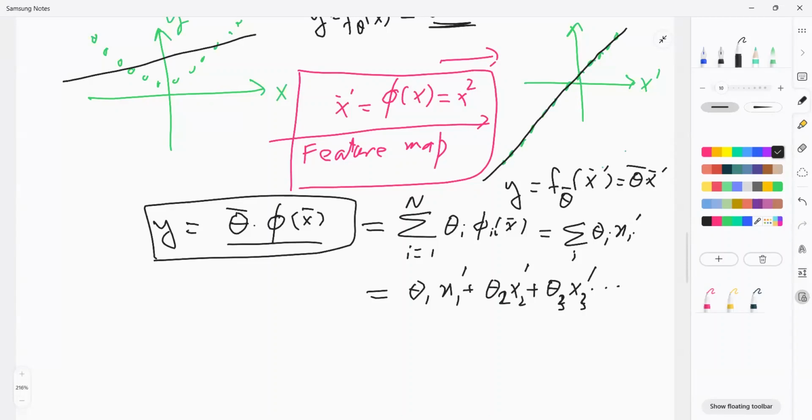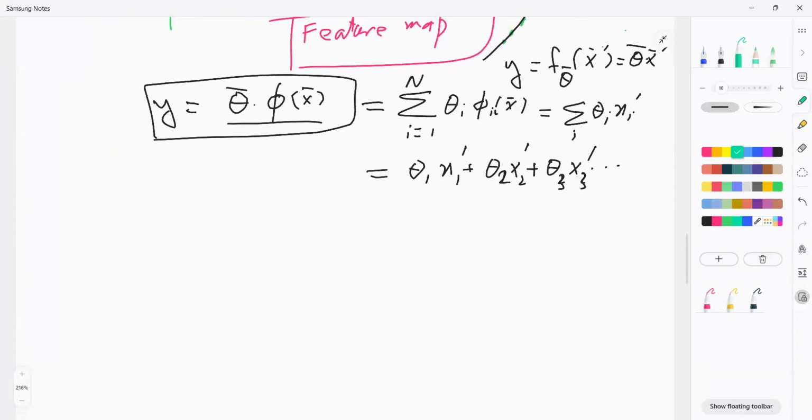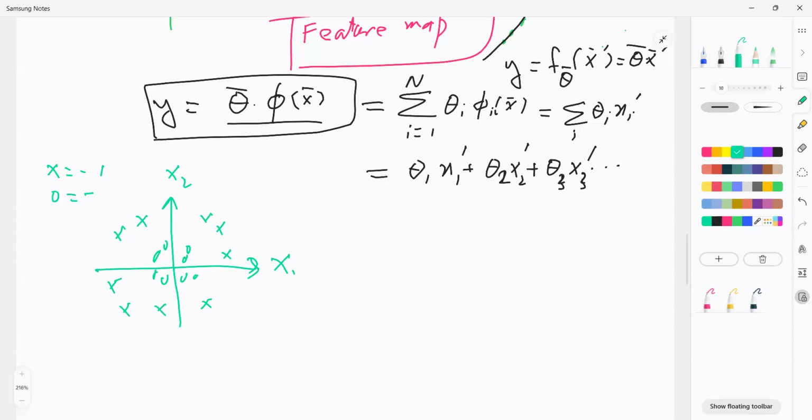Similarly, we can talk about another problem. Let's say I have a classification problem now, and suppose I have data points like this, like this. There are two features x1, x2, and there are some data points that are labeled, let's say, -1, and there are some data points that are labeled +1.